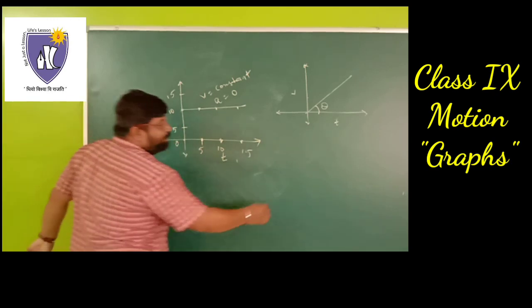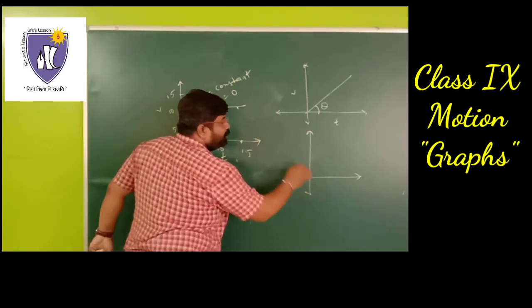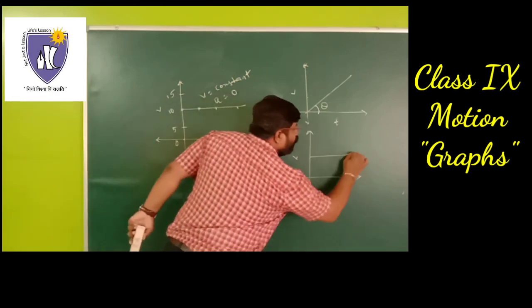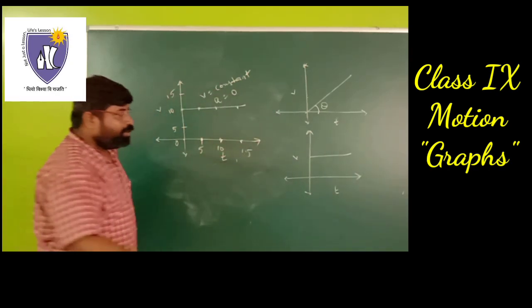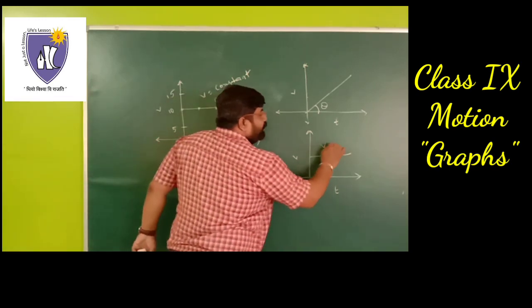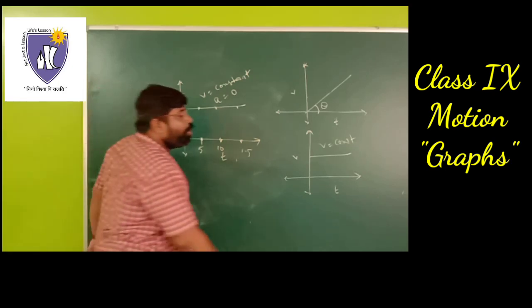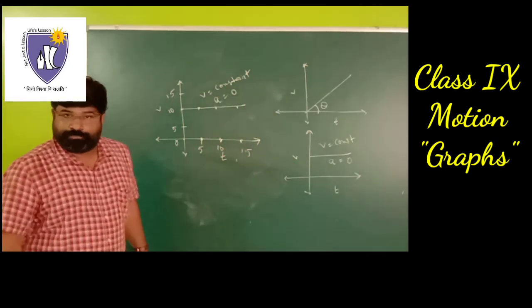So in an exam, if it comes that this is the VT graph, what does this graph represent? It is a 1 mark question, so we just have to write that the speed of the object is constant, or you can write that the acceleration of the object is 0.